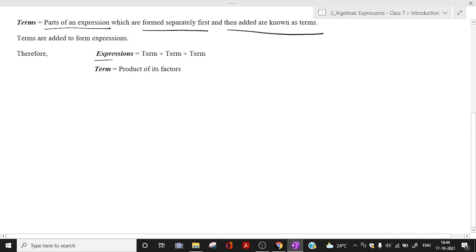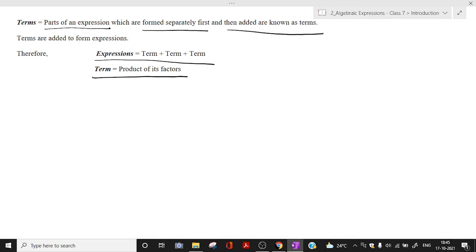So expressions are made up of terms. It can be 1 term, 2 terms, 3 terms, 4 terms, 5 terms, right? And then what is a term? It is a product of its factors. We'll look at this second one a little later. We will go back to the terms.